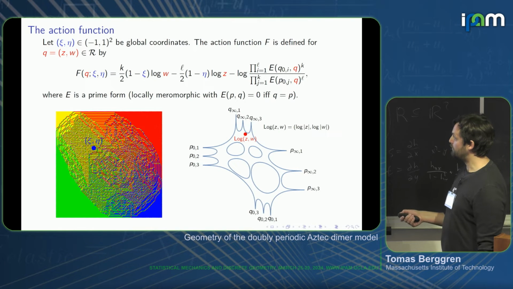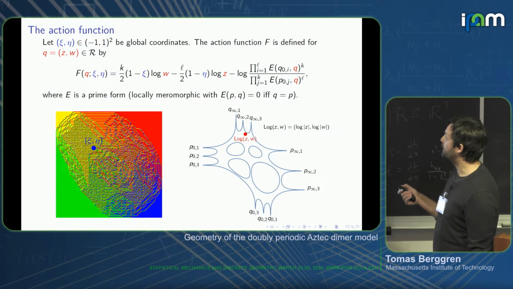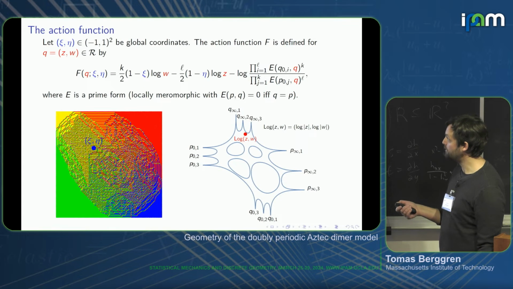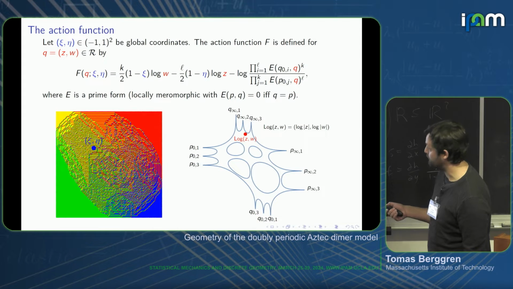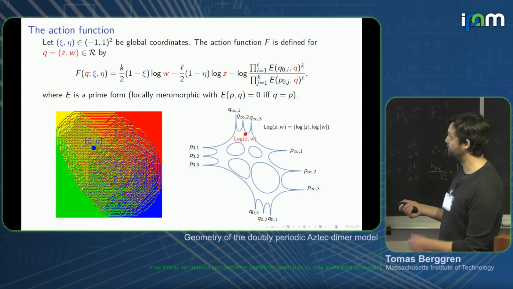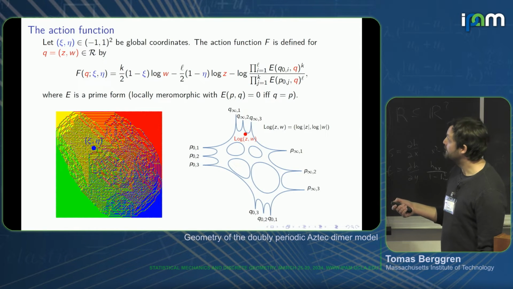Okay, what we do is that for each point in the Aztec diamond here, psi, eta, we define the action function. So for each point in the spectral curve, or think of it in terms of the amoeba, the action function is given by this form.